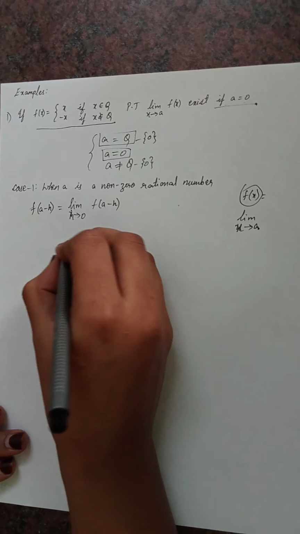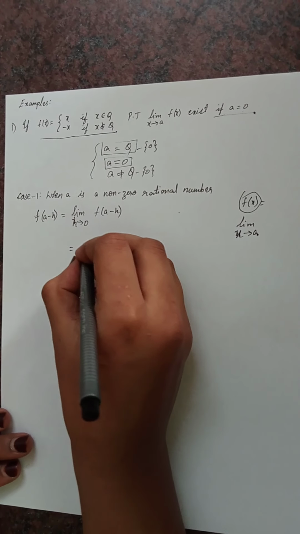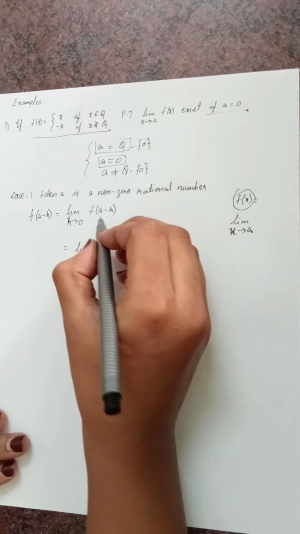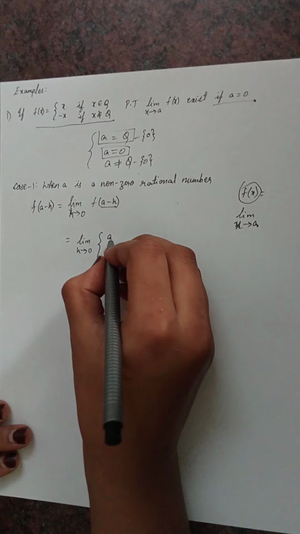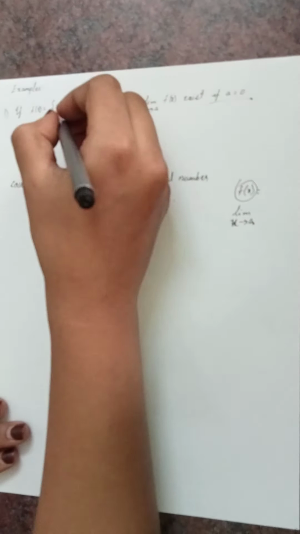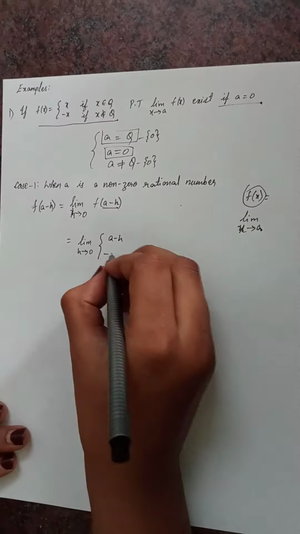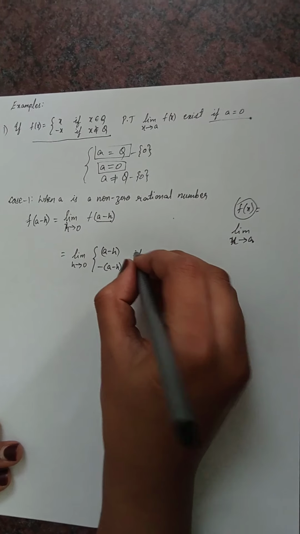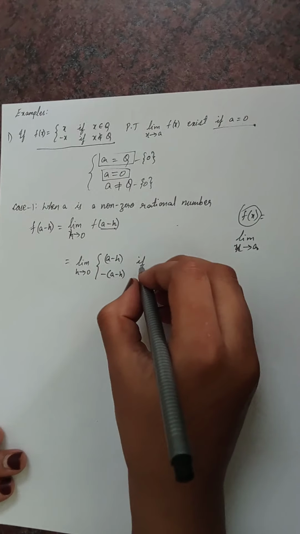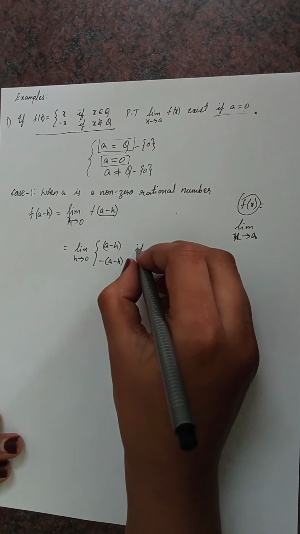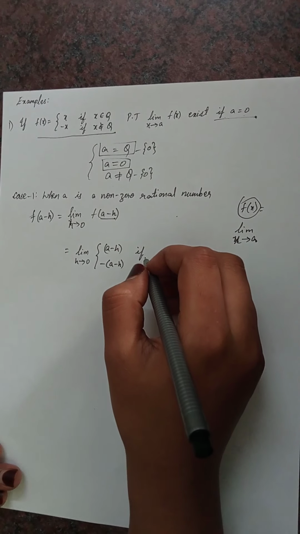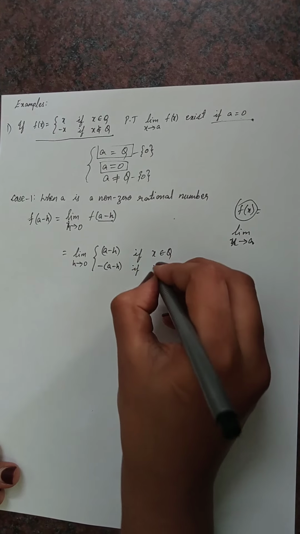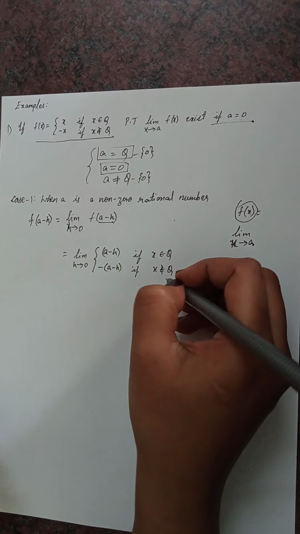I'll write the limit as limit h tends to 0, x will be a minus h. So a minus h. They have given minus x, so minus of a minus h, if x is a rational number, and a minus h if x is not a rational number.